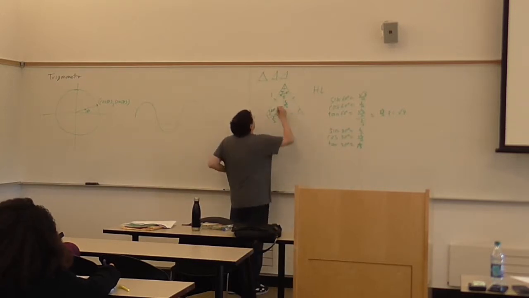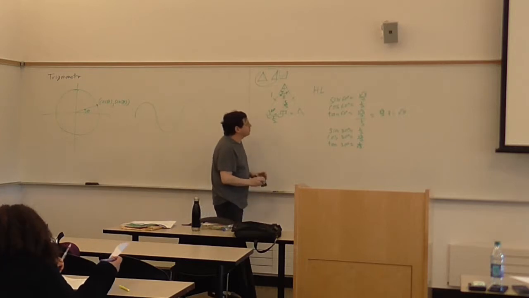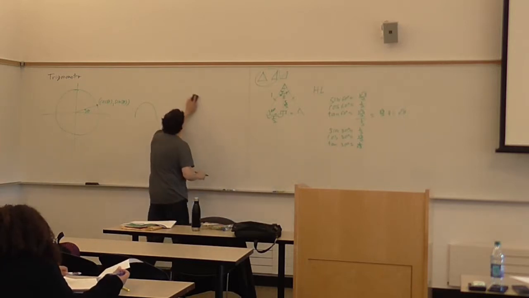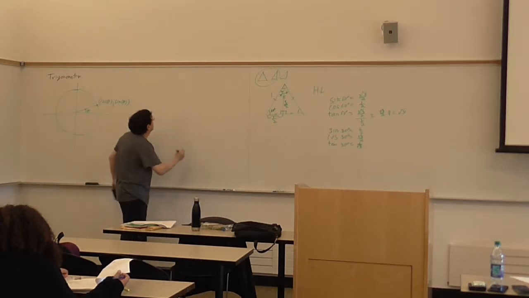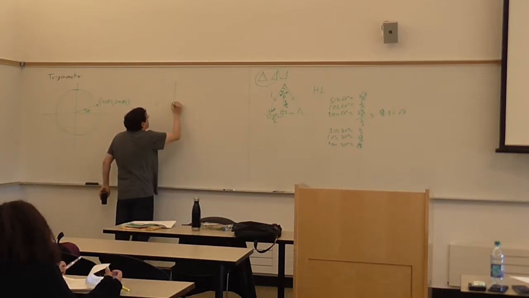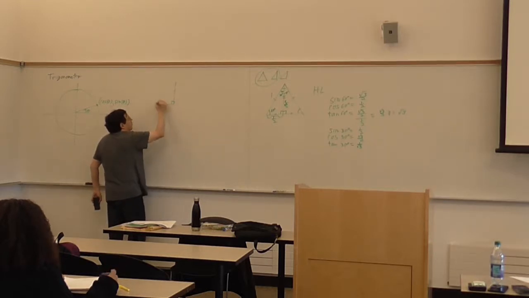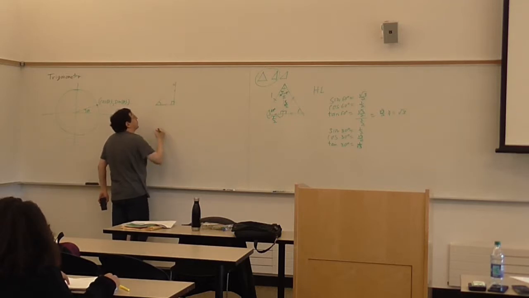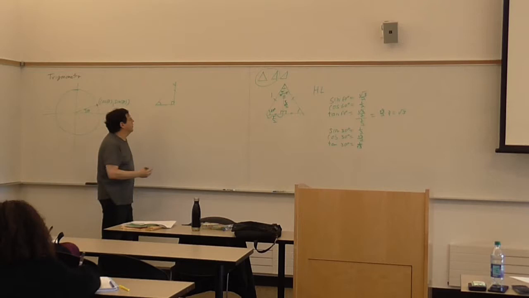That's, I guess it's these two triangles I'm thinking of. For the isosceles right triangle, it's a lot easier. We know since two sides are equal, the angles have to be equal, and therefore they have to be 45 degrees.